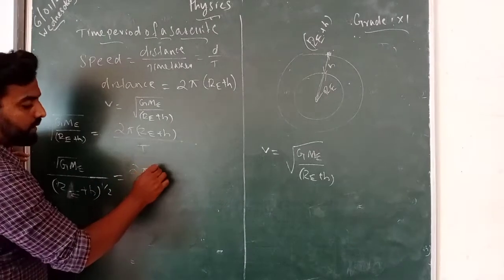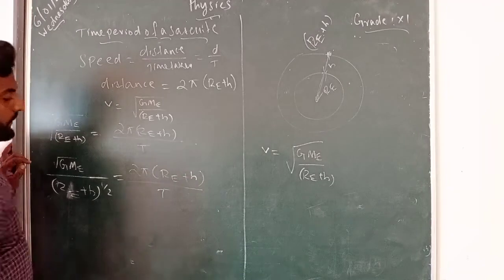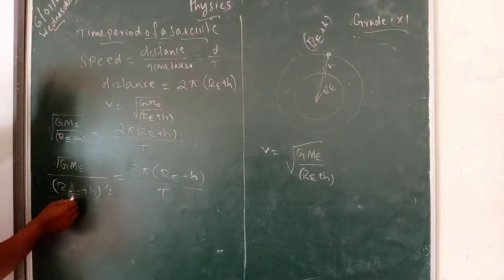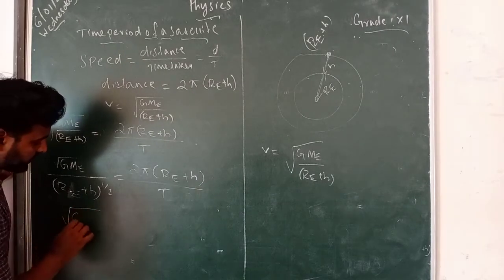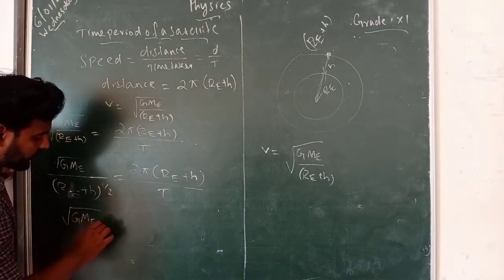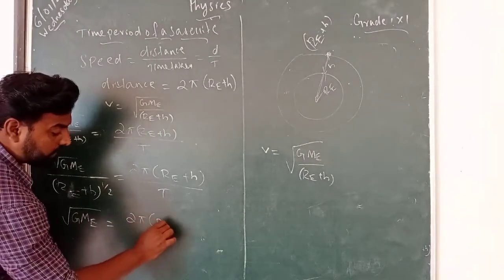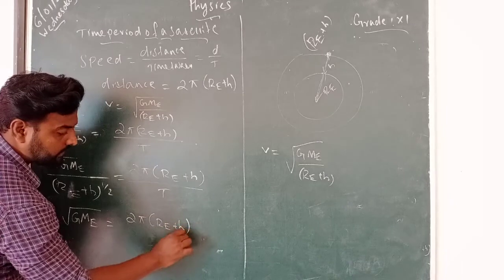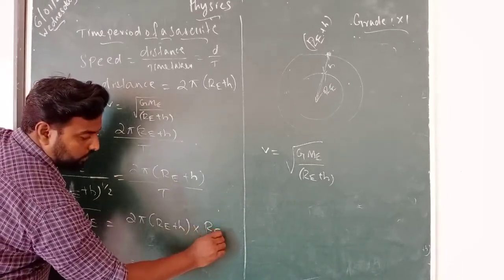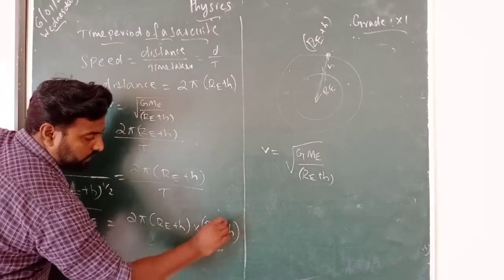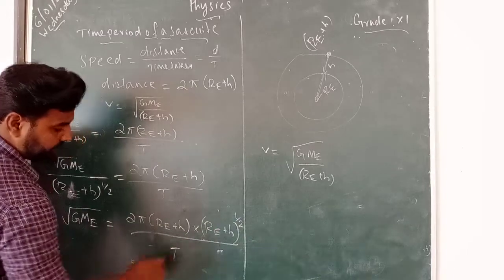On the right side, 2 pi (R_E plus h) divided by T. Now take this (R_E plus h) across: root G M_E equals 2 pi (R_E plus h) into (R_E plus h) to the power 1 by 2, divided by T.